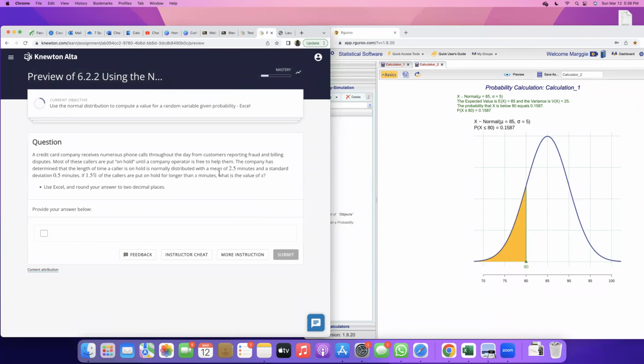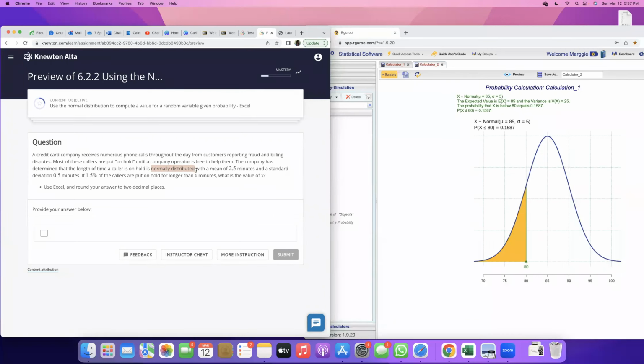All right, so let's do the same thing again. It says a credit card company receives numerous phone calls throughout the day from customers reporting fraud and billing disputes. Most of these callers are put on hold until a company operator is free to help them. The company has determined that the length of time a caller is on hold is normally distributed.